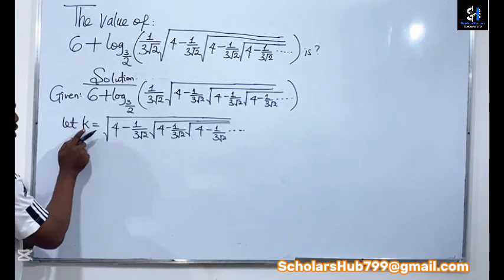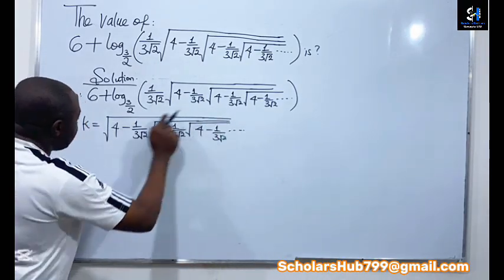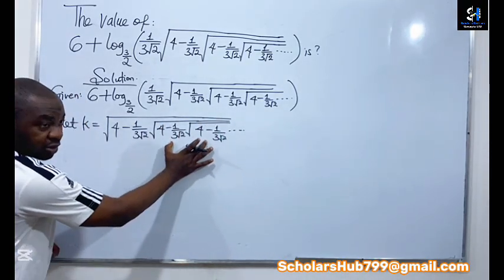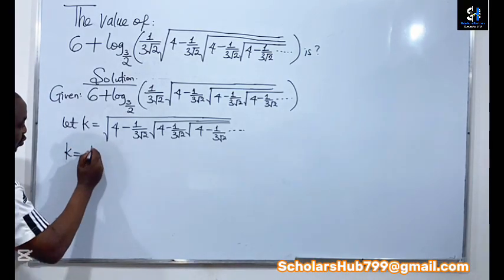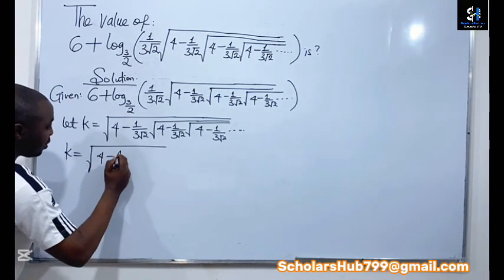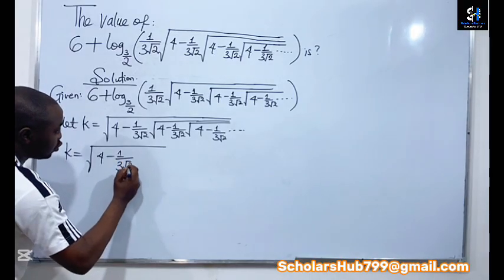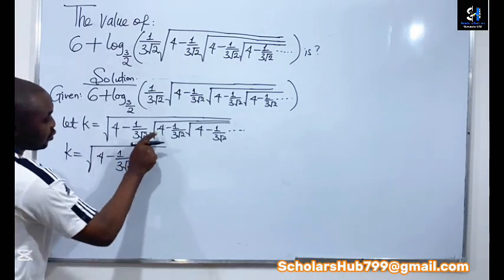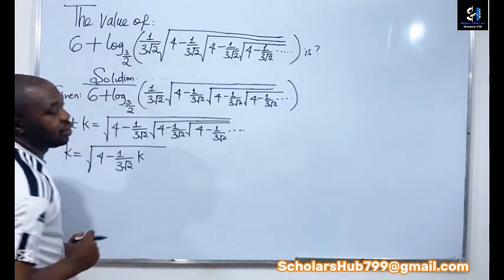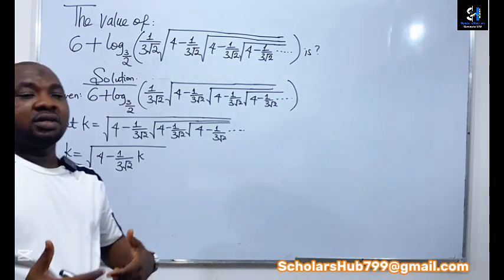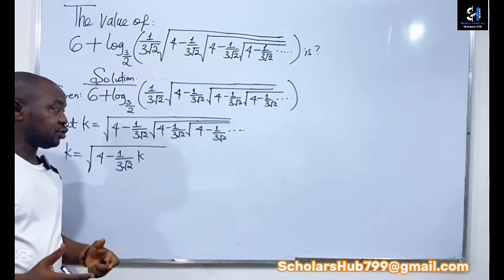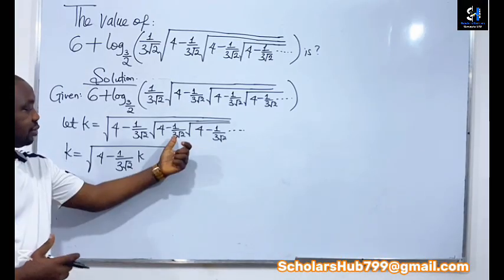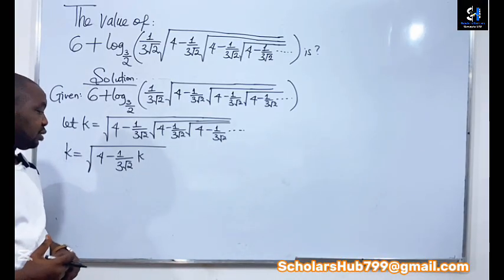So having represented this with letter k, I'm going to replace this with letter k as well. So this will become k equals radical 4 minus 1 over 3 root 2, then k, because we have the same expression. That is, when we have a particular expression embedded within the given expression, and the expression in this case is 4 minus 1 over 3 root 2.